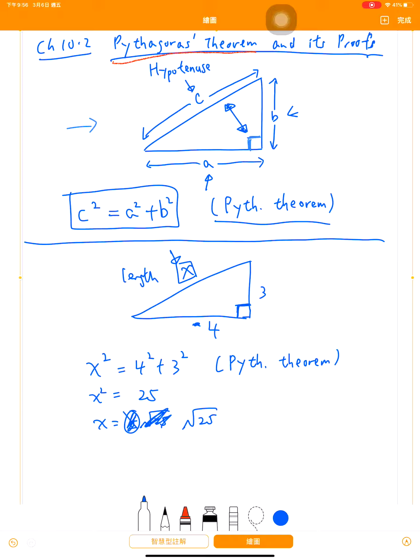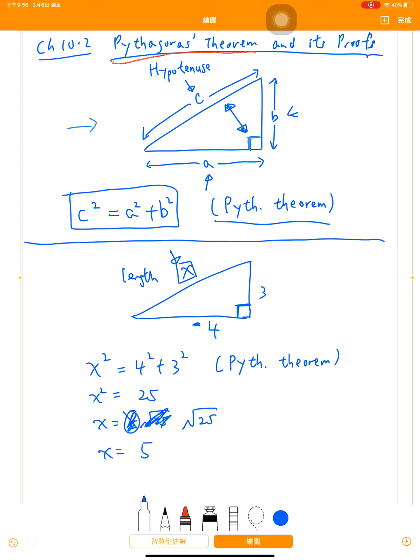That is the positive one. If you use the calculator, or calculate by yourself, you know that the answer is positive 5. 5 squared is equal to 25, right? So we can get the answer. That's how Pythagoras can help me to find any length of a right angle triangle.